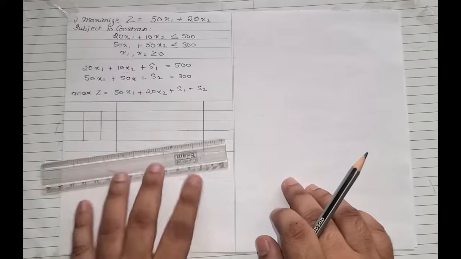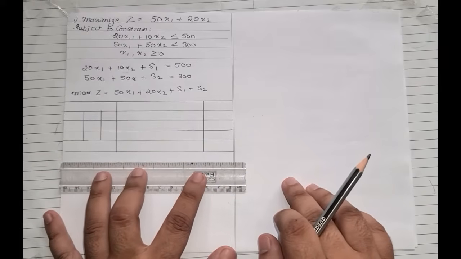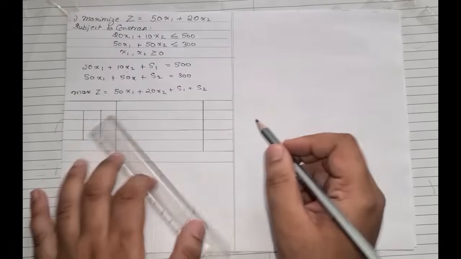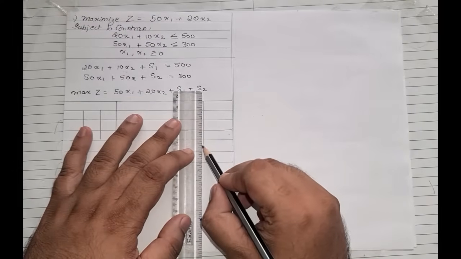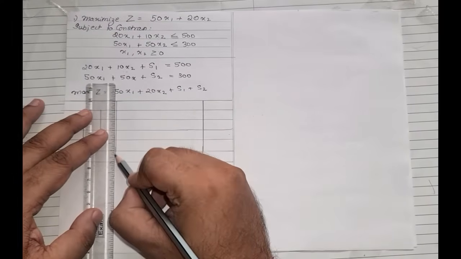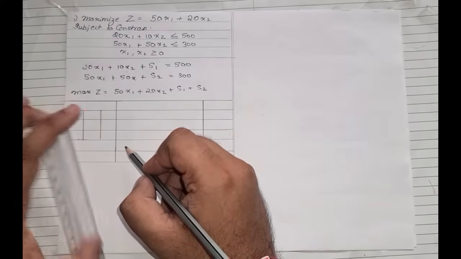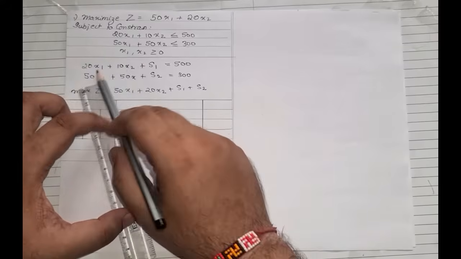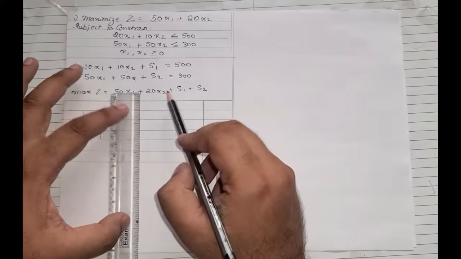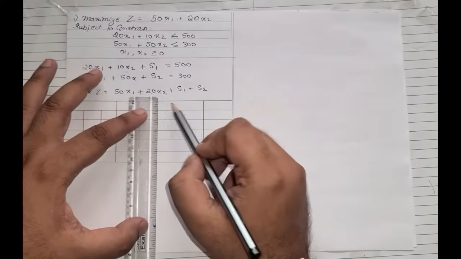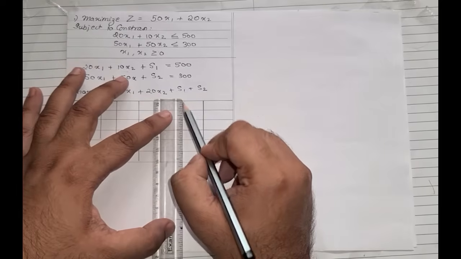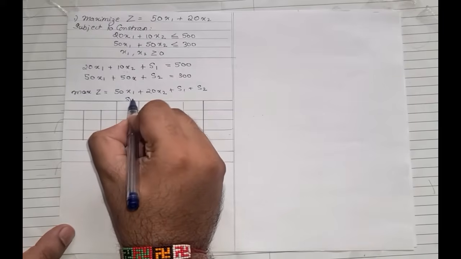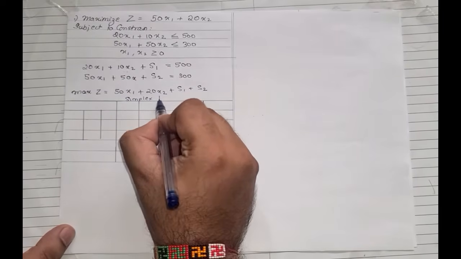I'll need one more column after this. And here, we have x1, x2, s1, s2, so I need 4 columns here. Remember, this is known as my simplex table. So I write here simplex table.